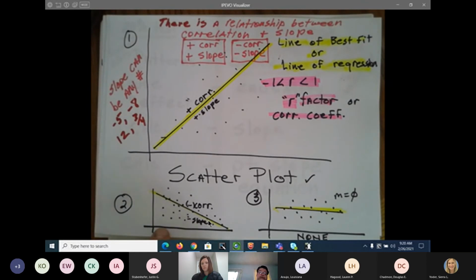Here is an example, number 2, of a pattern that is a negative correlation. And then there is a pattern here that shows no correlation. And of course, with no correlation, m is 0, meaning a horizontal line. Negative correlation means a negative slope, and positive correlation means a positive slope.